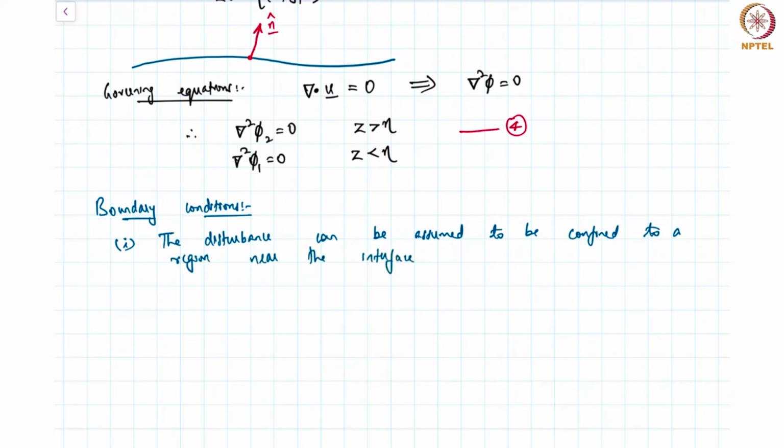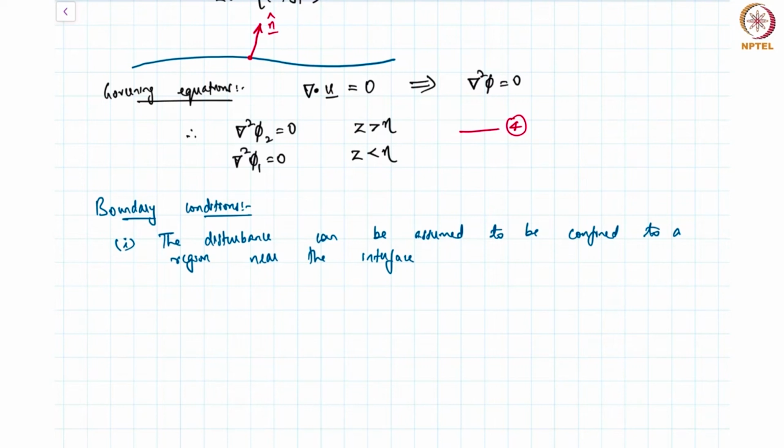In other words, if you have two unbounded streams that are coming and merging, where the upper stream extends all the way from z equal to 0 to infinity, and the lower stream extends from z equal to 0 to minus infinity, the streams will attain their uniform velocity far away from the interface, meaning they couldn't care less about what is happening in the vicinity of the interface. There could be an instability in the interface, that's fine, but far away you would expect the velocity to reach the far field condition, which is a uniform flow.